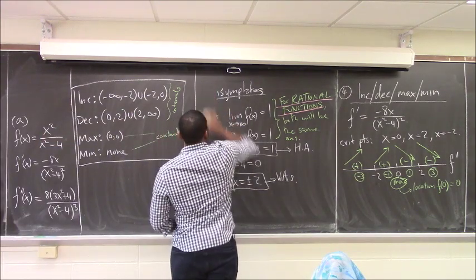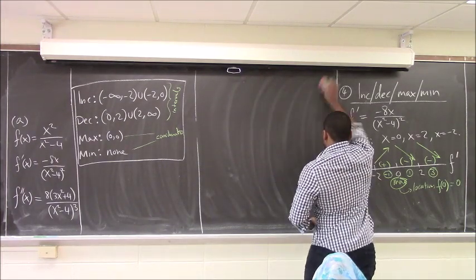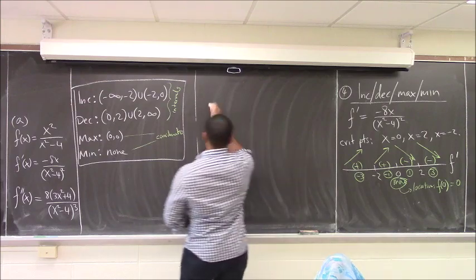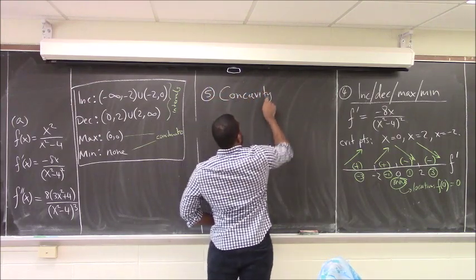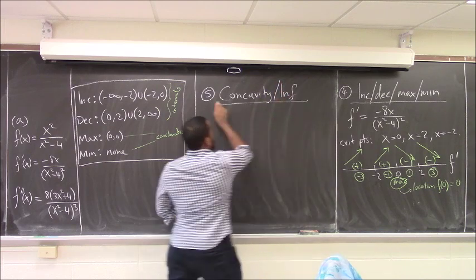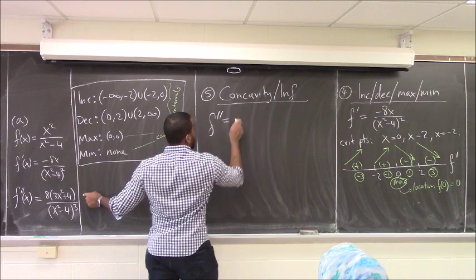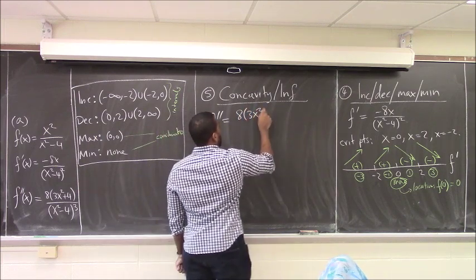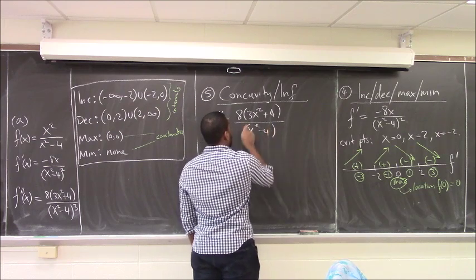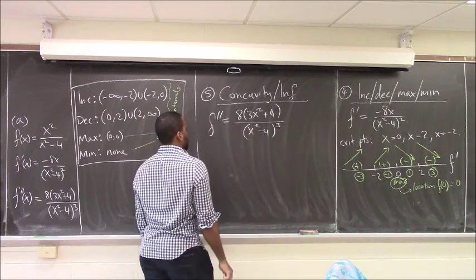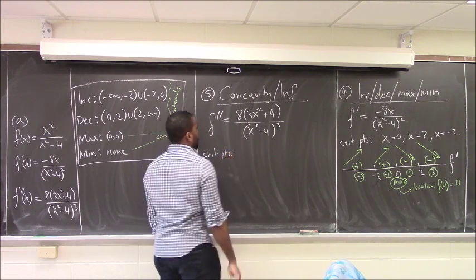And of course, if we want to talk about concavity and inflections, the second derivative is what we want to look at. We're going to look at f double prime, so we're going to look at its critical points.